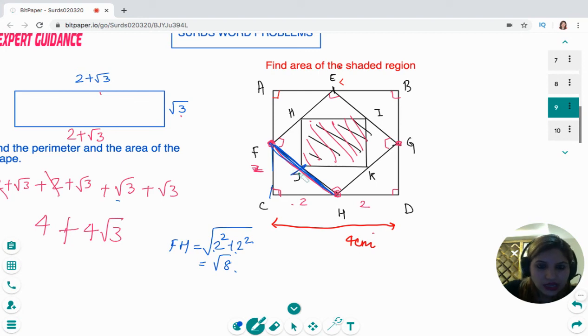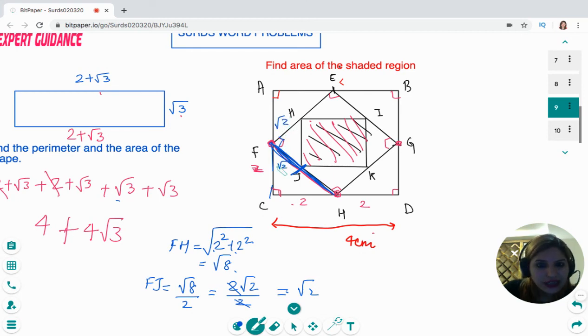Now we know J is the midpoint, so this FJ will be square root 8 divided by 2. Right? Now let's write this surd in a simple form. Square root 8 can be written as 2 root 2, divided by 2, which means our value of FJ is root 2. So this is root 2, this is root 2.